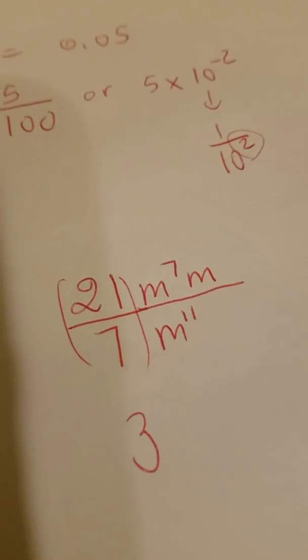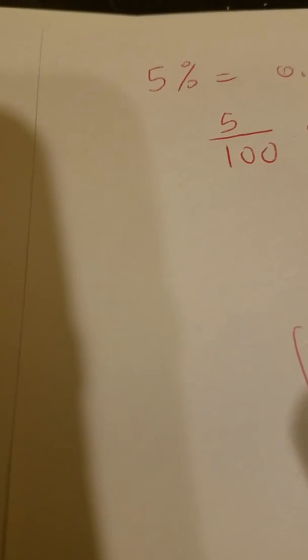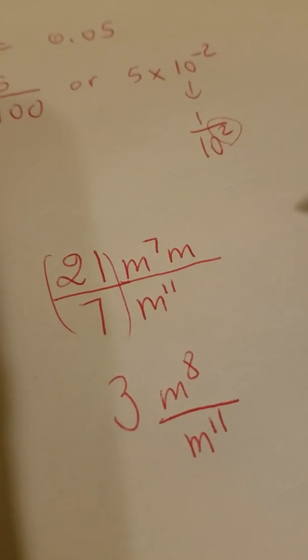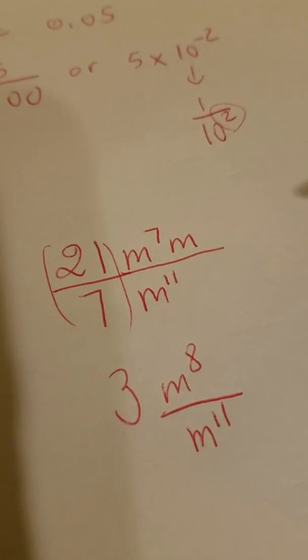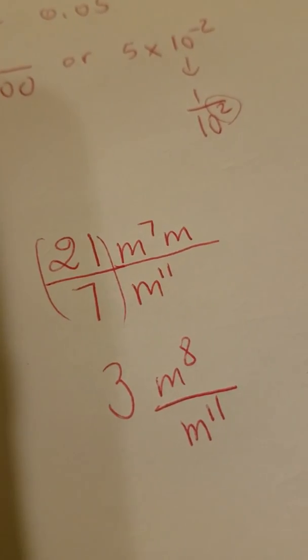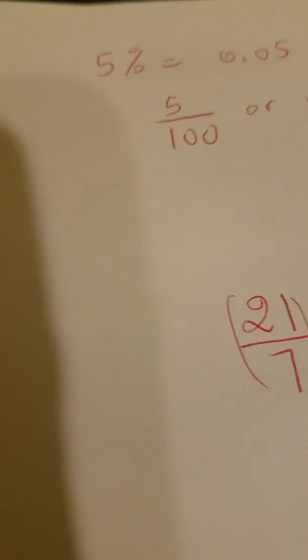Now we take care of the numerator first before we go into the denominator. So m squared times m is m to the power of 8 over m to the power of 11. Now because they have the same base, different exponent, we can use the exponent rule. So 8 minus 11 is negative 3. So it's 3m to the power of negative 3.